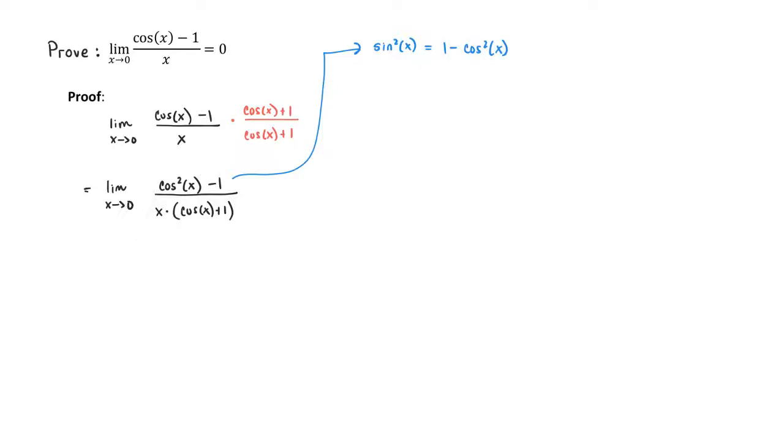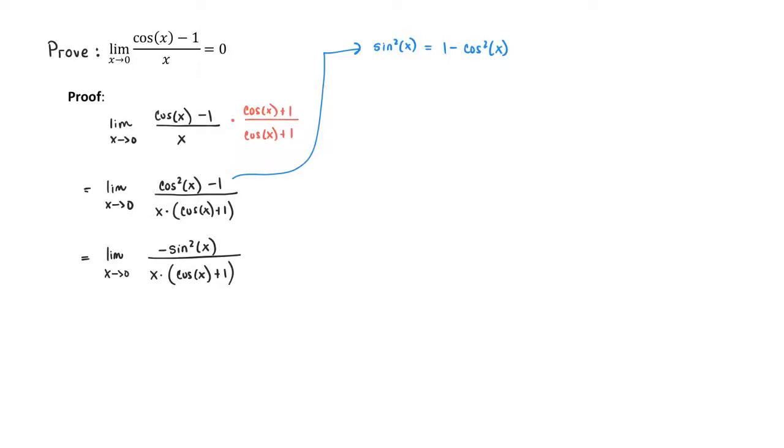Everything switched. So doing that, we are going to have that this is equal to the limit as x approaches 0 of negative sine squared x, all this divided by x times (cosine of x plus 1).